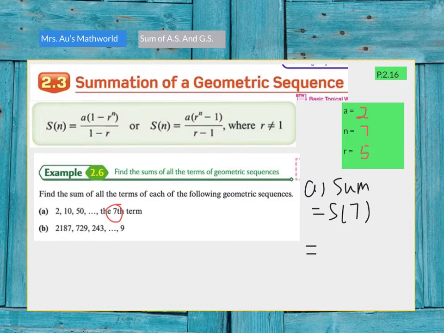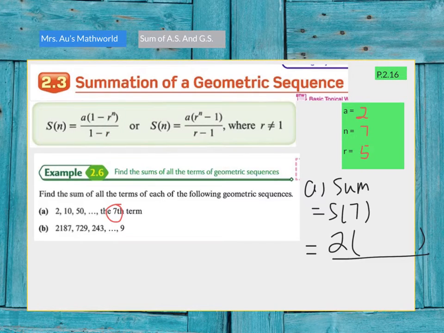Then substitute a, the first term, times something. Okay, so this time you see from the question, I don't want to get a negative value inside the bracket or in the lower part. Okay, so R is 5, which is greater than 1, right? So 5 minus 1 is positive, it's nice. But if you put it as 1 minus 5, it becomes negative, so it doesn't look nice.